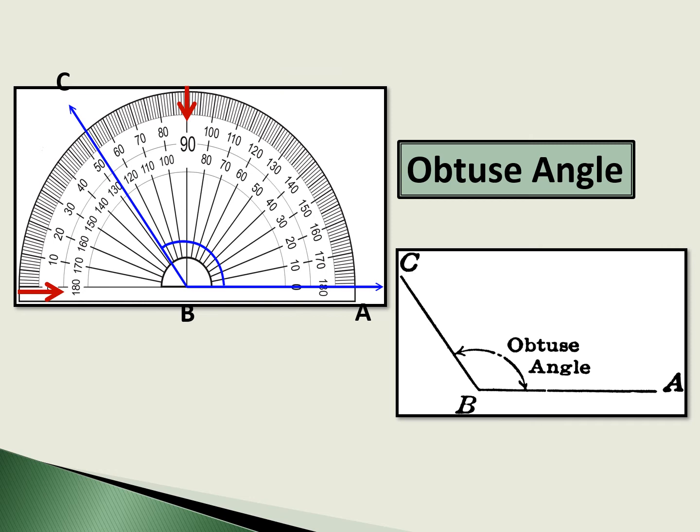So we see that the angle CBA is more than the right angle. So when an angle is more than 90 degrees but less than 180 degrees, it is called an obtuse angle.